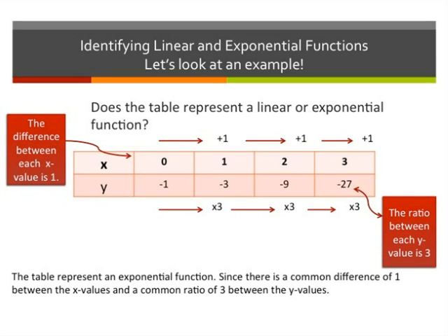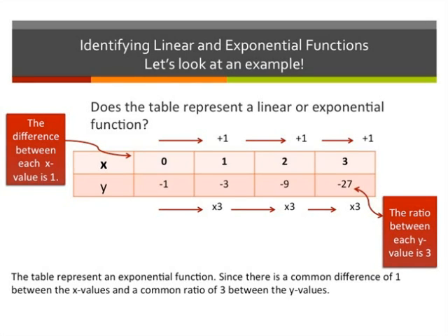If we multiply the negative 9 by 3, we get our fourth value, which is negative 27. Therefore, the ratio between each y value is 3. The table represents an exponential function, since there is a common difference of 1 between the x values and a common ratio of 3 between the y values.